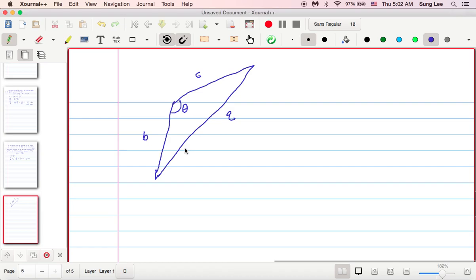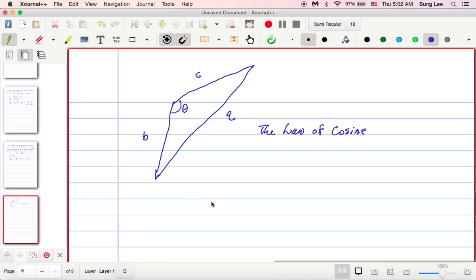In this case, A, B, C, and theta satisfy a nice law, which, if you recall, you would have learned in a trigonometry class: the law of cosines. The law of cosines tells us the relationship between these quantities.